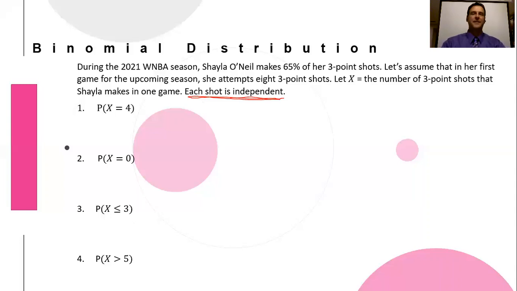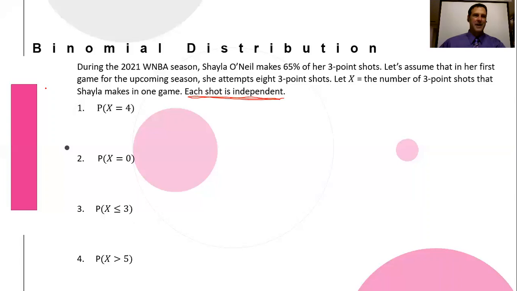Okay. And finally, there's a set number n, meaning there's a set number of shots that she's going to take in this game, and we defined that in this middle sentence where she's going to shoot the ball 8 times. Okay, 3-point shots.